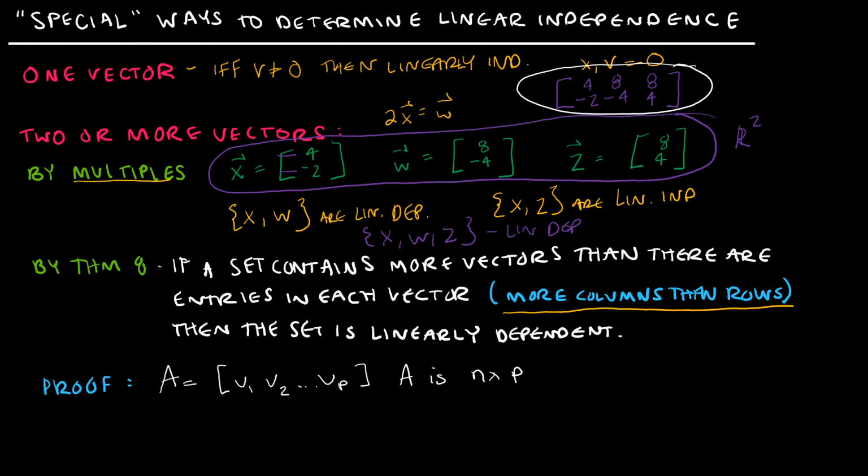That is going to tell me that Ax equals 0 corresponds to a system where there are n equations and p unknowns. And if p is greater than n, then there are more variables than equations, so there must be a free variable. Because there's a free variable, we know that means there's a non-trivial solution, and therefore they are dependent.